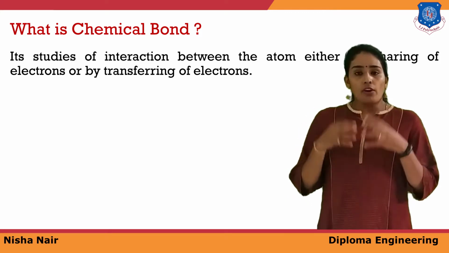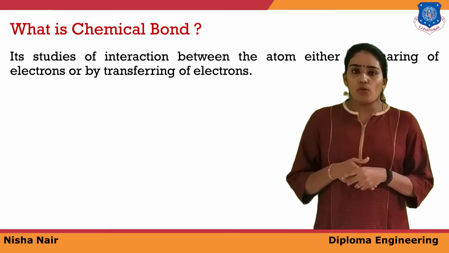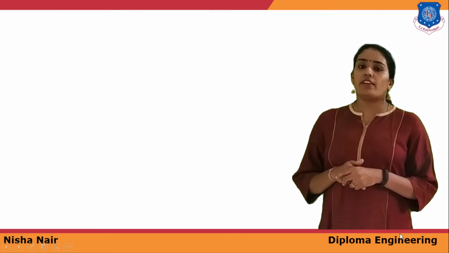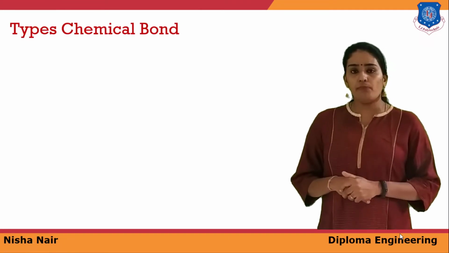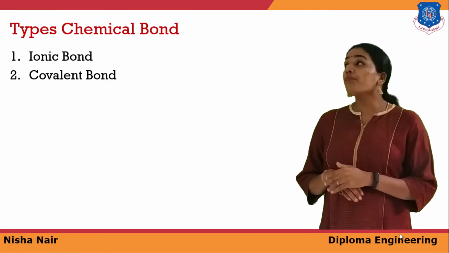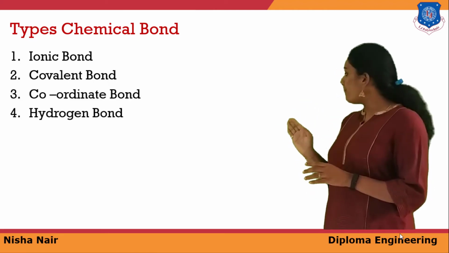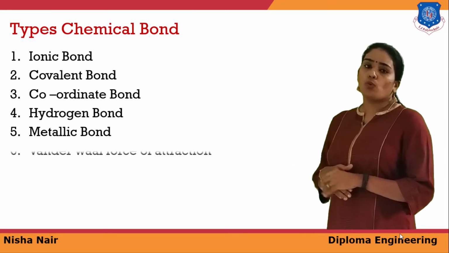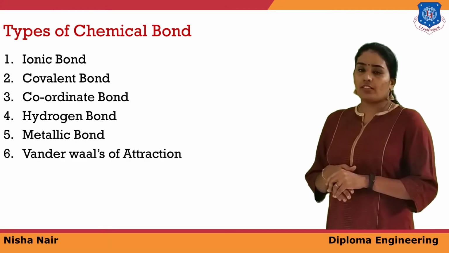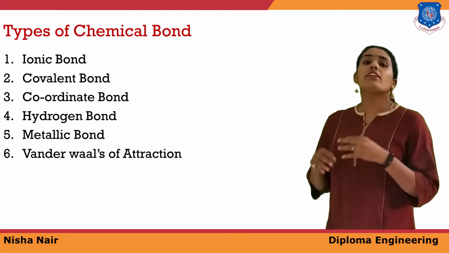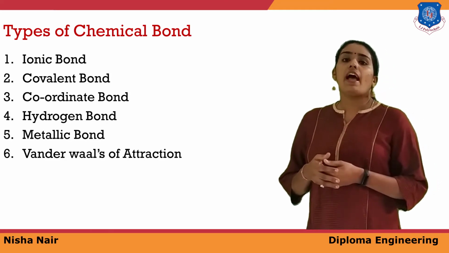According to the interaction and bonding, chemical bond is classified into: first is ionic bond, second is covalent bond, third is coordinate bond, fourth hydrogen bond, fifth metallic bond, and sixth van der Waals force of attraction. In all these bonds, different interactions take place between the atoms.